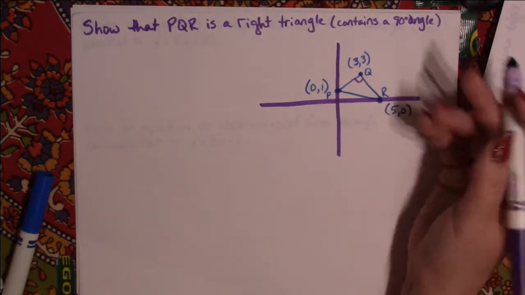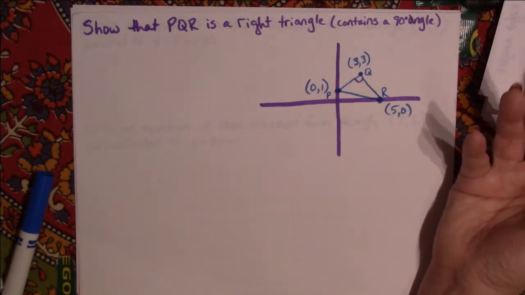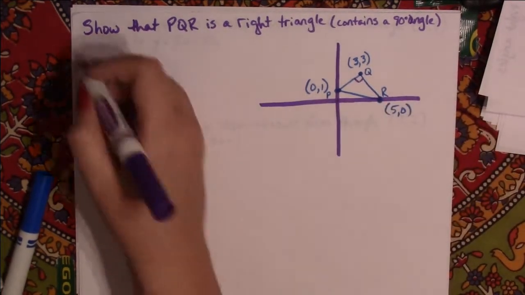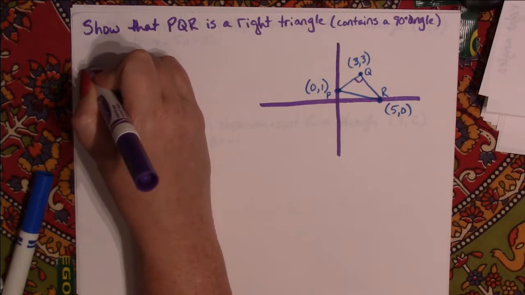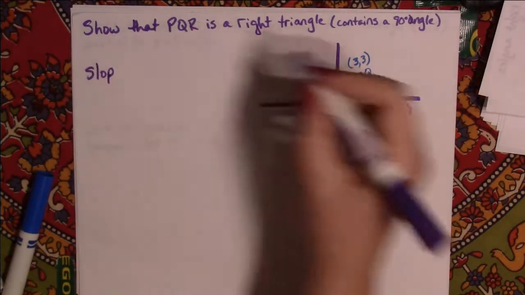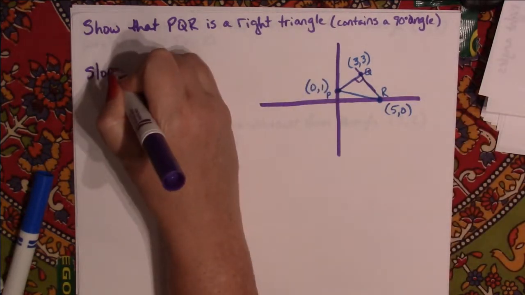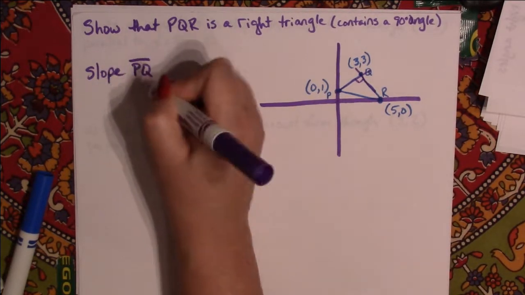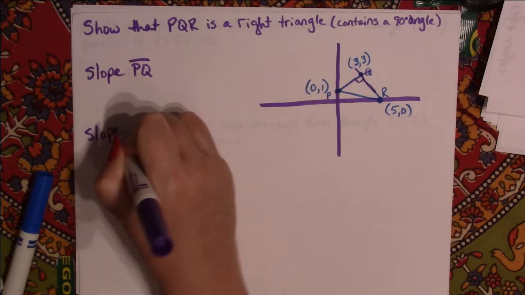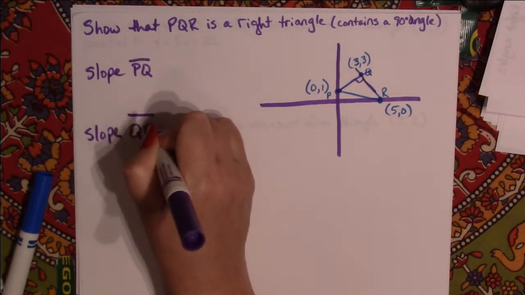And if you don't get it right, you need to do the slope of that third line. So what we're going to do is compare the slope of this line and this line, line PQ and the slope of line QR.